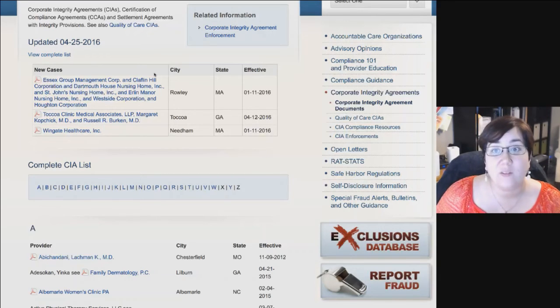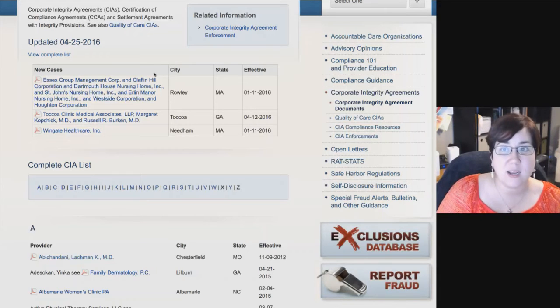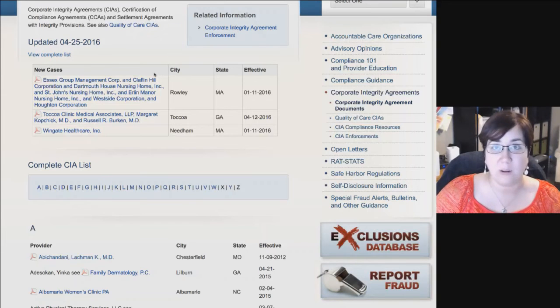A CCA is kind of a lower step than the CIAs, right? A CCA says, okay, we're going to make this agreement, we're going to fix this compliance issue before it gets big enough that we have to move up to a CIA and really get dinged. So they're a little bit different.